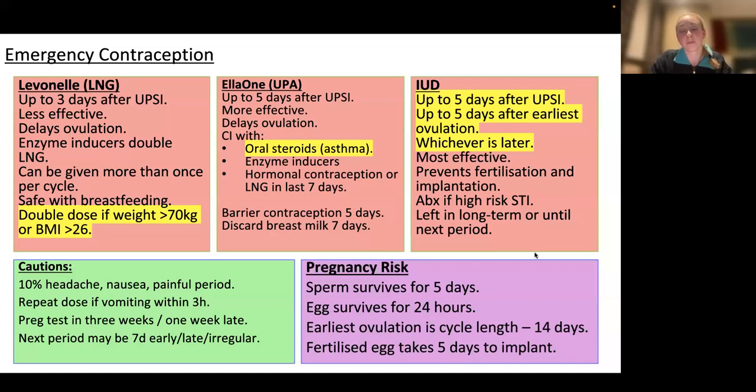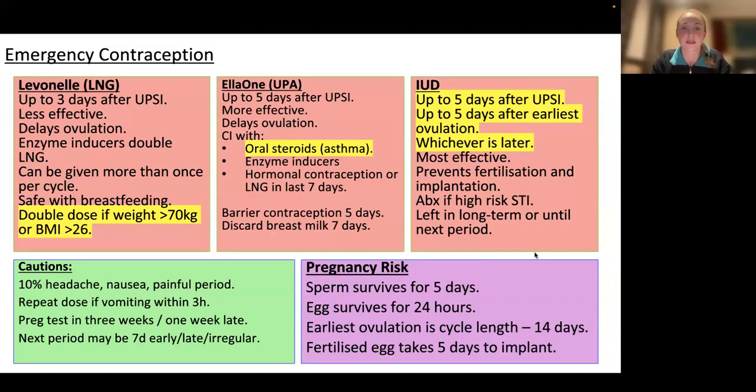So if you have someone who is quite a few days post-ovulation or 3 days post-ovulation, you would want to counsel them and say that it is likely to be less effective because it works to delay ovulation, and there's a good chance you've already ovulated. And that's where it's sort of important to work out where someone is on their scale of having ovulated or having had unprotected sex.